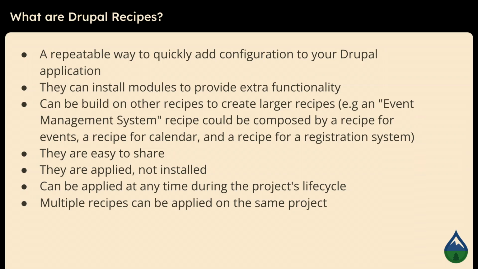If I have my events recipe ready to go, I can just apply it on the system immediately, and that will give me a full-fledged feature ready to go. And if I need any extra minor customizations here and there, I can go ahead and do those. The other thing, unlike install profiles and distributions, multiple recipes can be applied on the same project, especially since recipes can be comprised by other recipes.